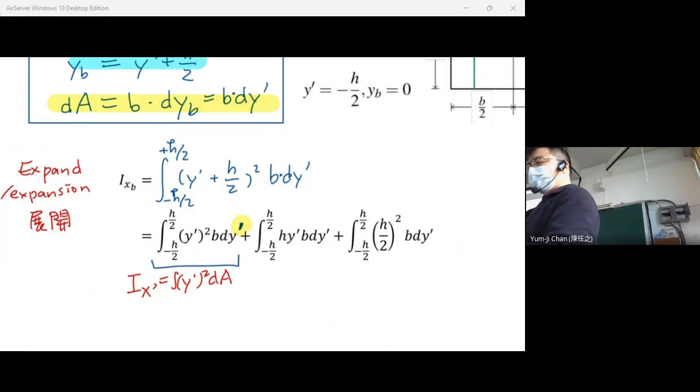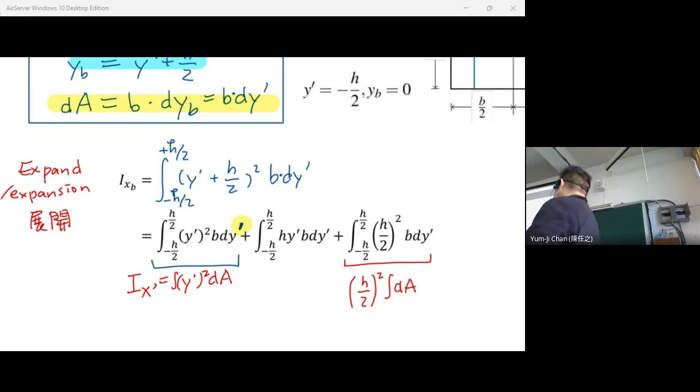And we look at the third term. For the third term, we have half of h squared times the integration of dA. Then this is equal to half of h squared times A.